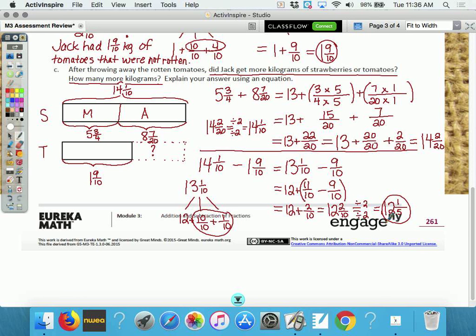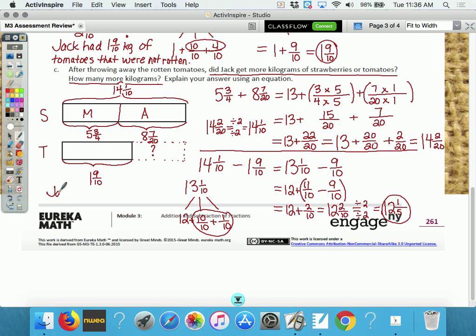Okay, so now a sentence. Oh, I can't do that. George V, you help me with the sentence. So Jack picked more strawberries than tomatoes, right? All we have to do is stick in how much more in that sentence.